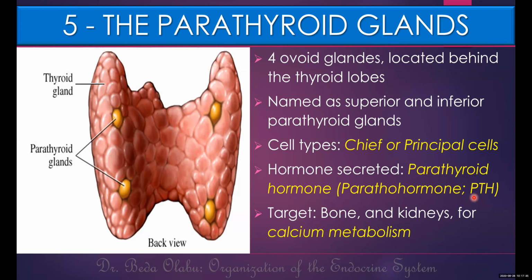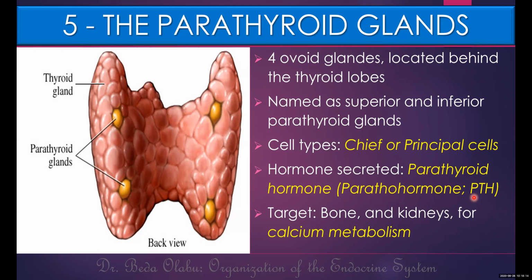The key role for PTH is calcium metabolism. It does this by targeting bone tissue as well as kidney. So PTH is concerned with metabolism of calcium, but it will achieve this through 2 target organs, bone as well as kidneys.